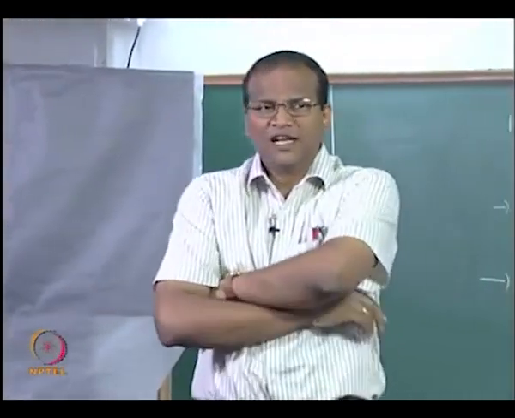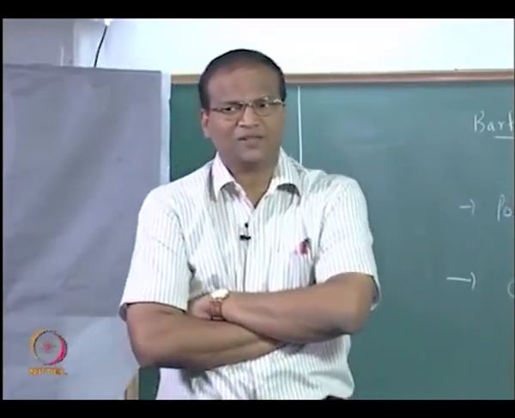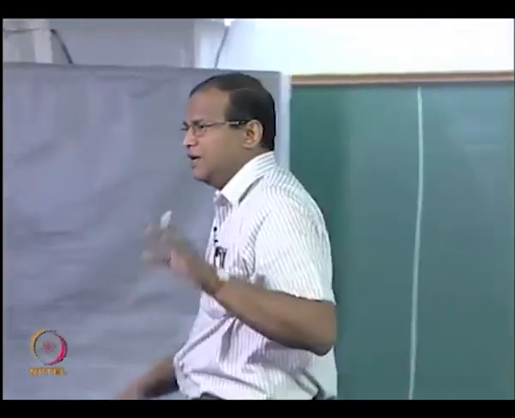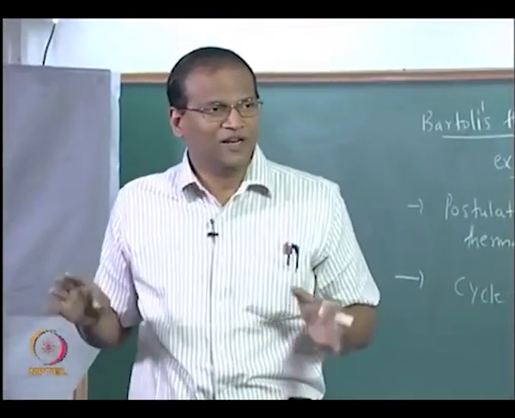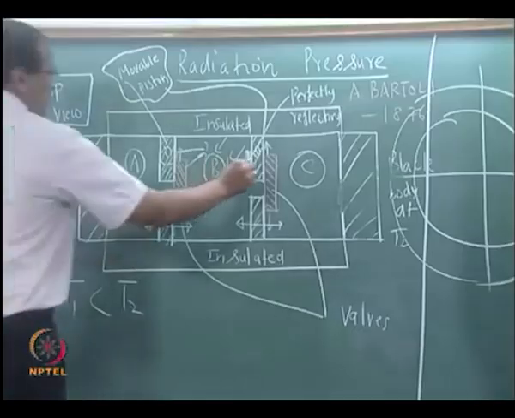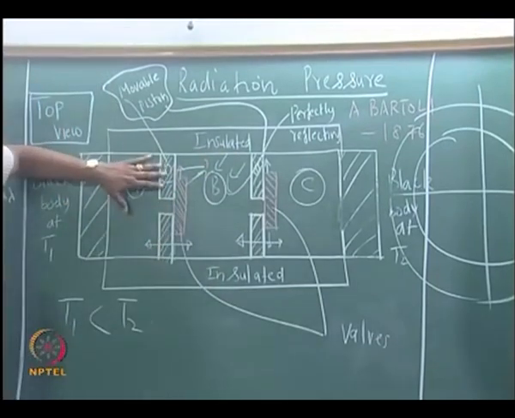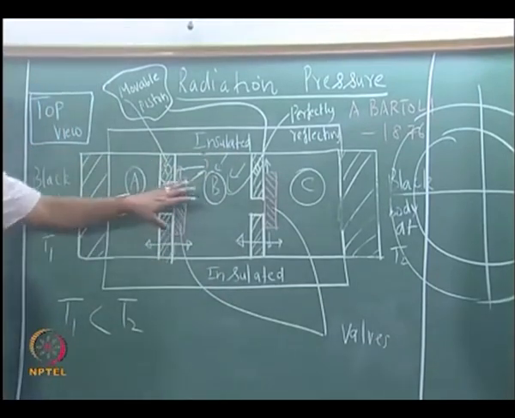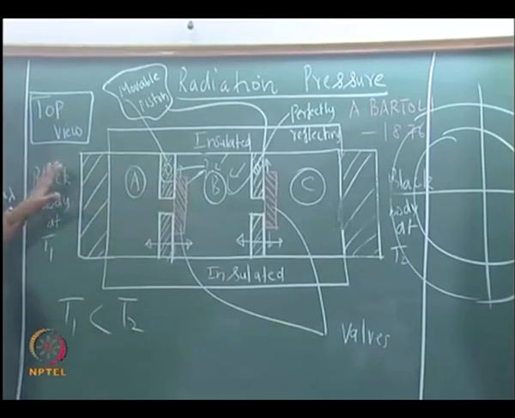He considers that it is like compression. It is like you are compressing a gas or whatever. I will come to that, the story is very clear, you just listen to it and finally it will all be clear. So this is closed first, this is open, and you allow enough time so that chambers A and B are filled with radiation energy density corresponding to a black body at T1.